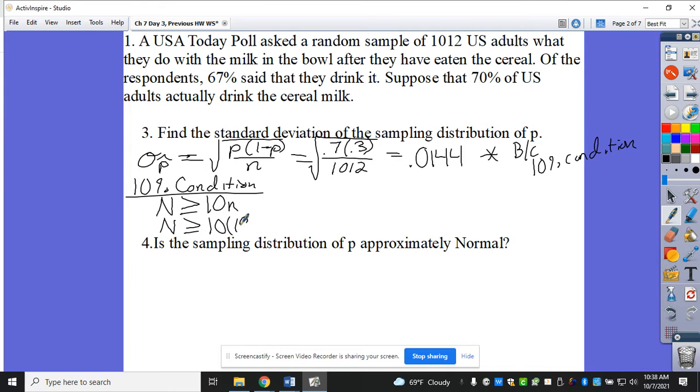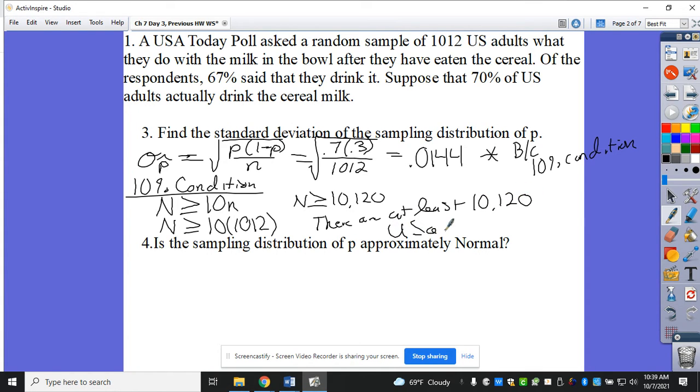So I'm saying that capital N has to be greater than or equal to 10 times n, which in words is, there are at least 10,120 what? Which is right. So because of the 10% condition, I can use that equation.